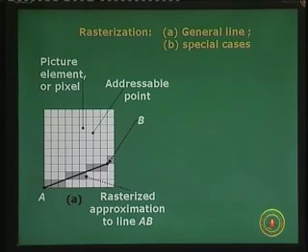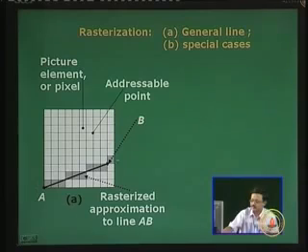Now, in this case, we want to draw a line from point A to point B. Point A is at the bottom of the screen as given here, and point B is somewhere here.